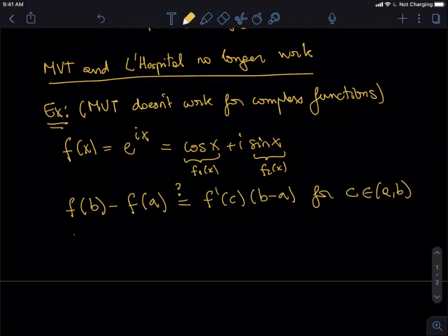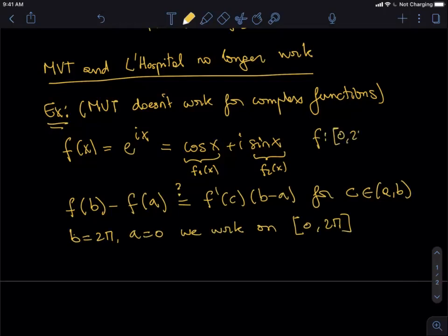So let's pick b equal to 2 pi, a equals 0, so that we are working on 0 to 2 pi. Here, well, this is clear, right?